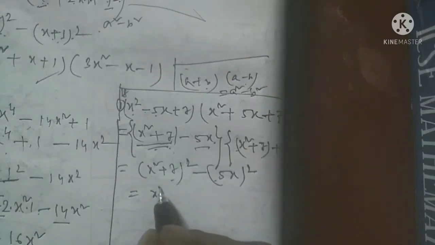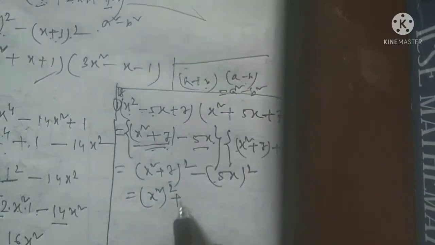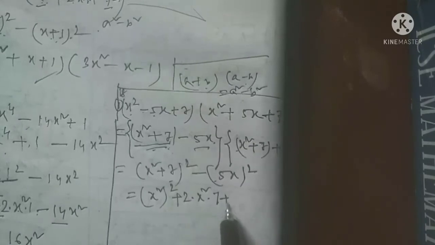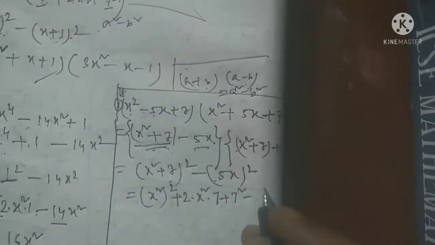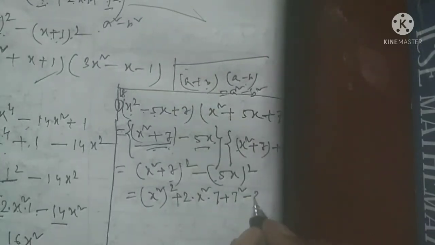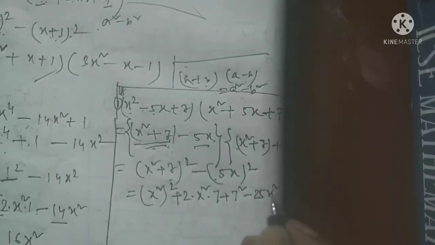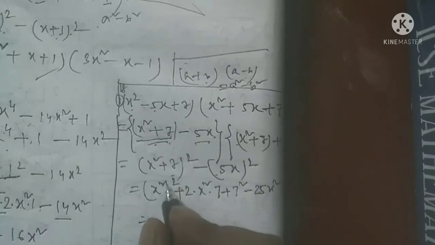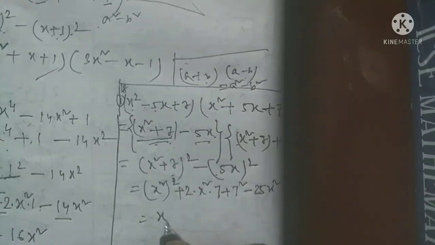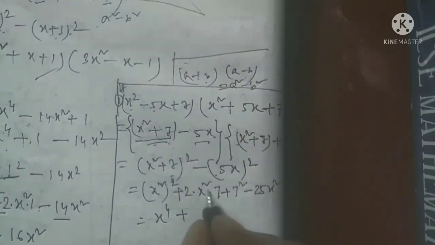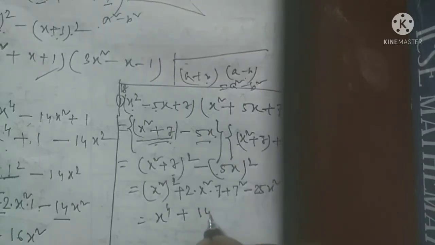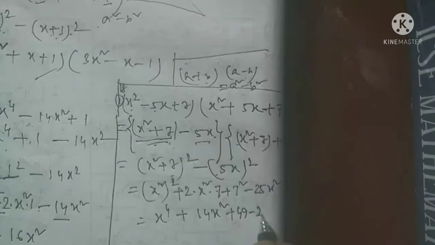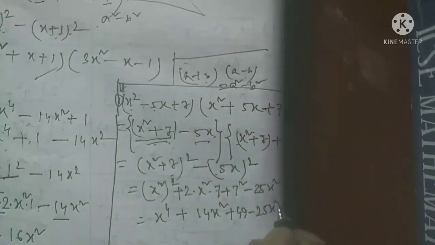Minus (5x)² means 25x². So if you calculate, then (x²)² gives x⁴, and here 2 times 7 is 14x² plus 49 minus 25x².